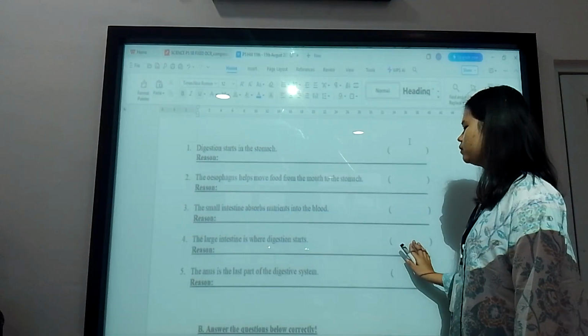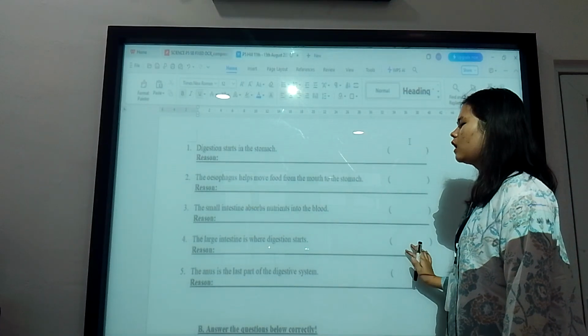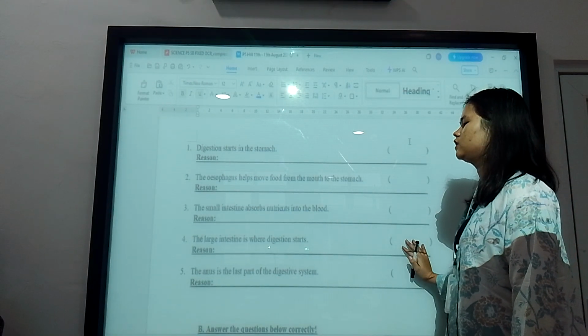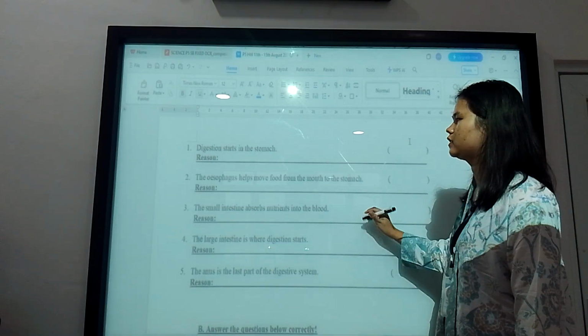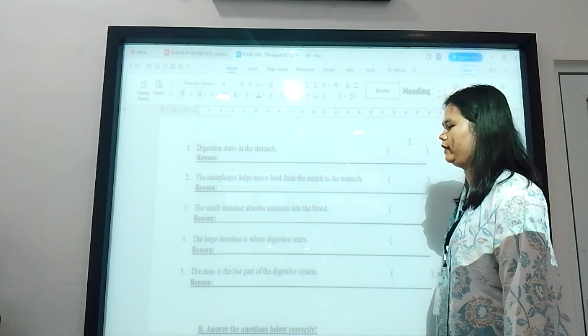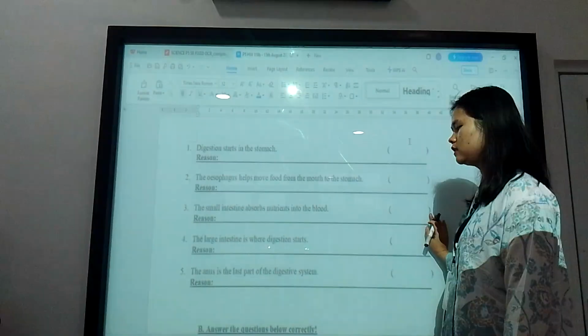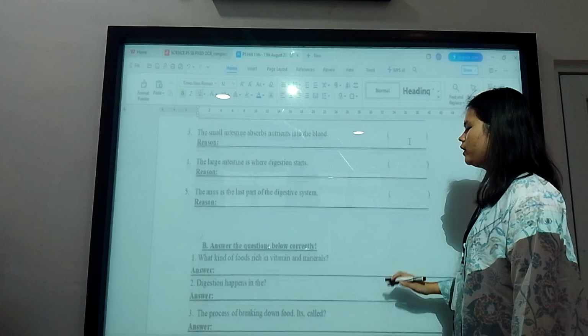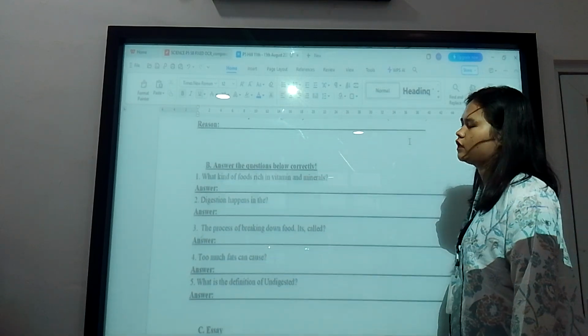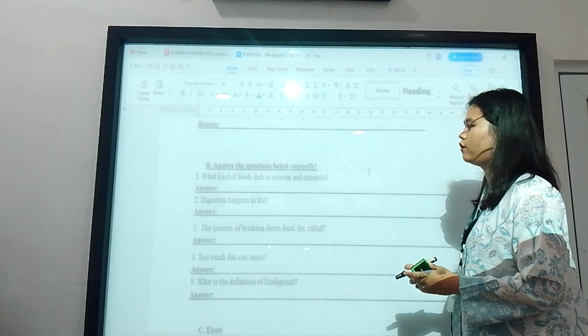It's false because the first digestion starts from the mouth, and before the large intestine it goes to the small intestine. Number five, the anus is the last part of the digestive system. It's true because it's the opening of the gate for the large intestine, and it's the final part of the digestive system.